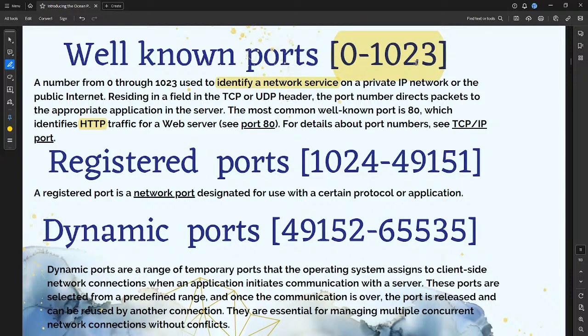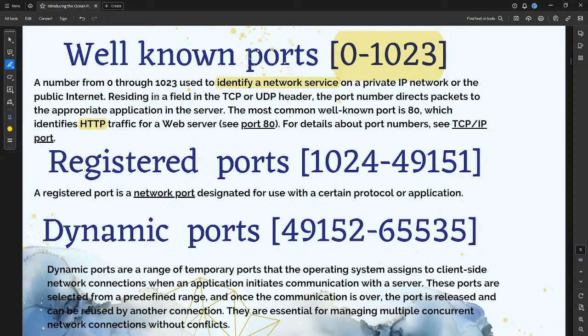It's very important for us to note these for reference and study purposes, because you might get into an examination hall and they give you a series of port numbers and ask what services are hosted on those port numbers. You should be able to identify those.